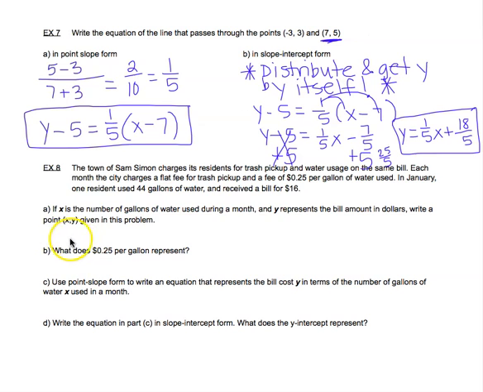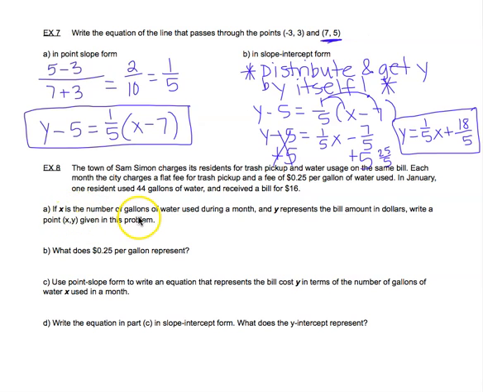All right, last example. The town of San Simon charges its residents for trash pickup and water usage on the same bill. Each month, the city charges a flat fee for trash pickup and a fee of 25 cents per gallon of water used. In January, one resident used 44 gallons of water and received a bill for $16.